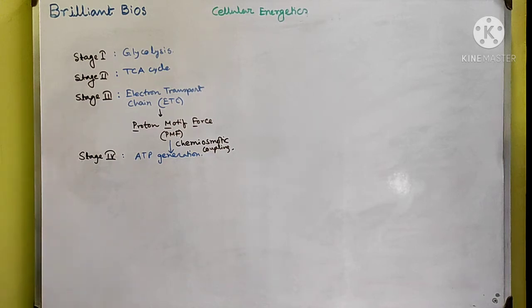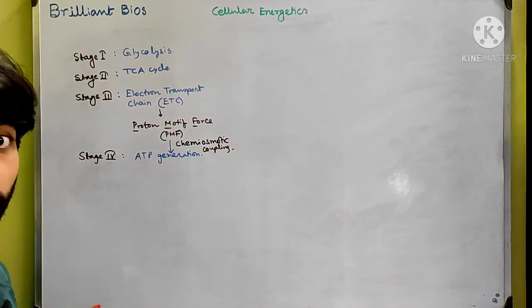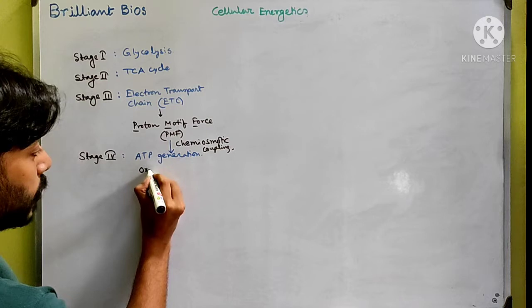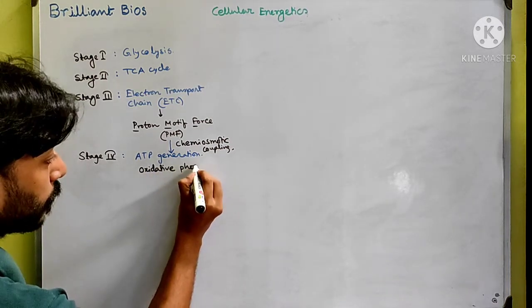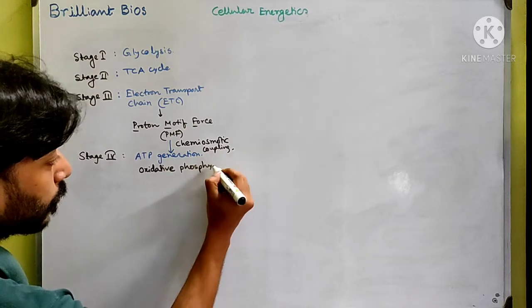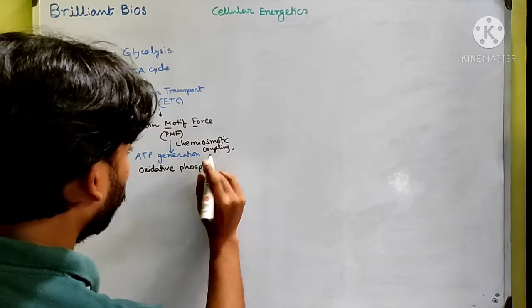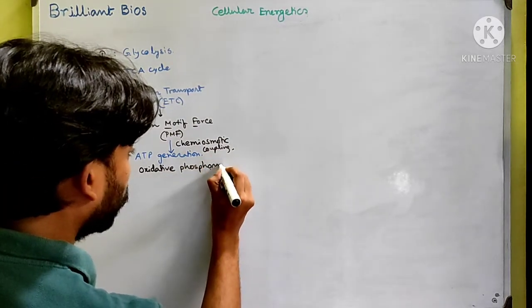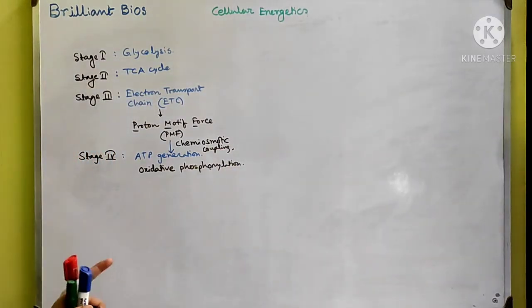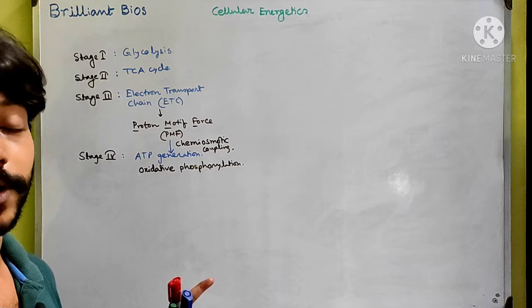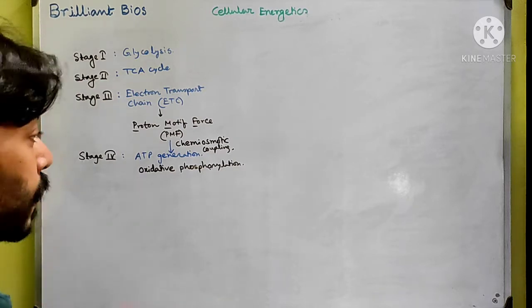And do you know that this production of ATP is also known as oxidative phosphorylation. Oxidative phosphorylation. This is different from substrate level phosphorylation. I will talk about it in more detail.